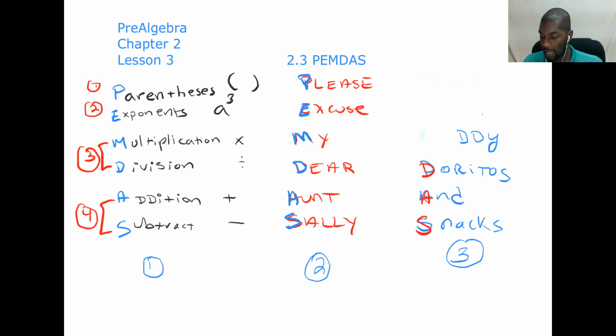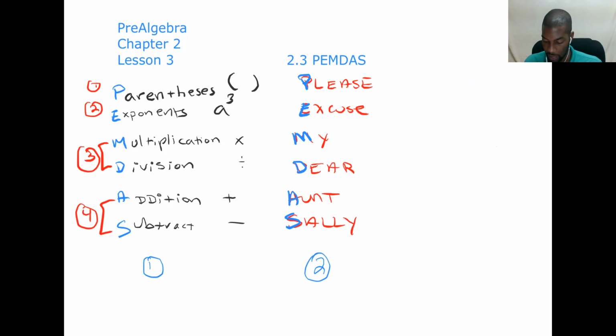Now, if they give you a number expression, and by they I mean a test or the book or me in class, let's go with 2 parentheses 4 plus 9, and they tell you to simplify or to solve it. All you need to do is consult PEMDAS. First, I need to understand that if I see a number in front of the parentheses like this, I know it's multiplication.